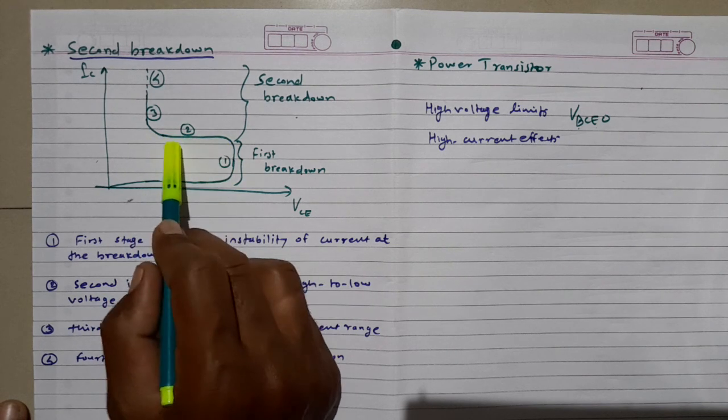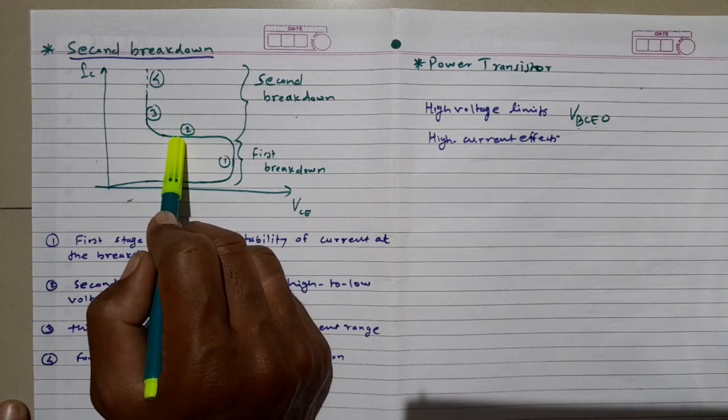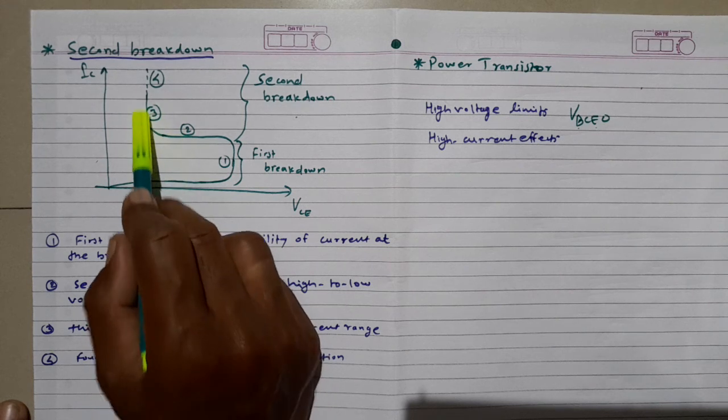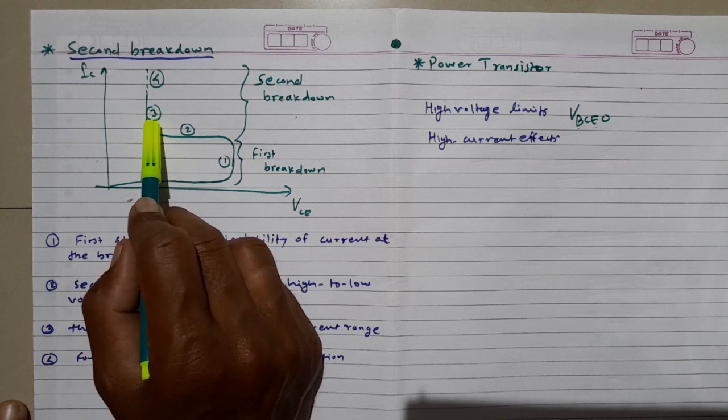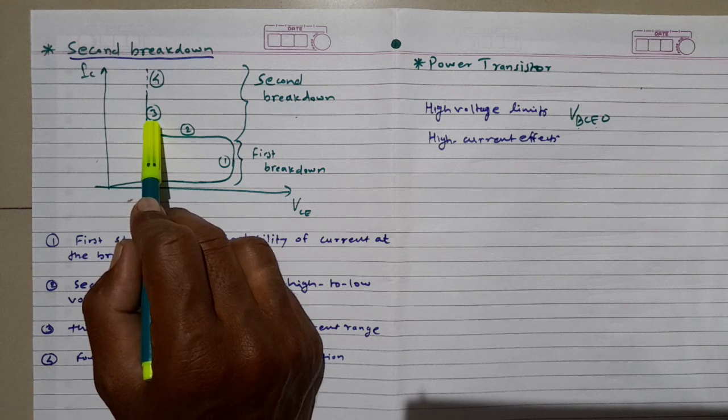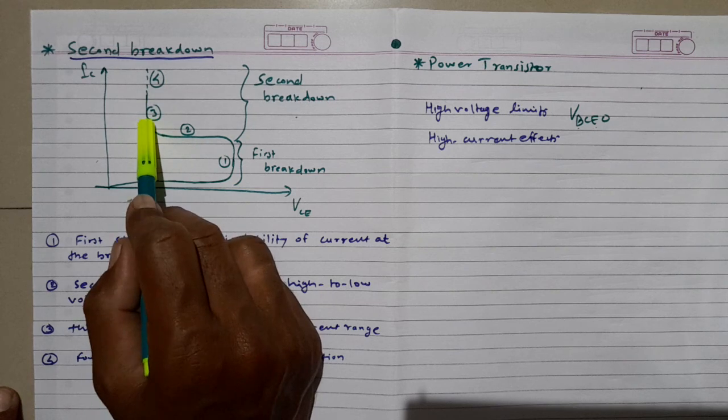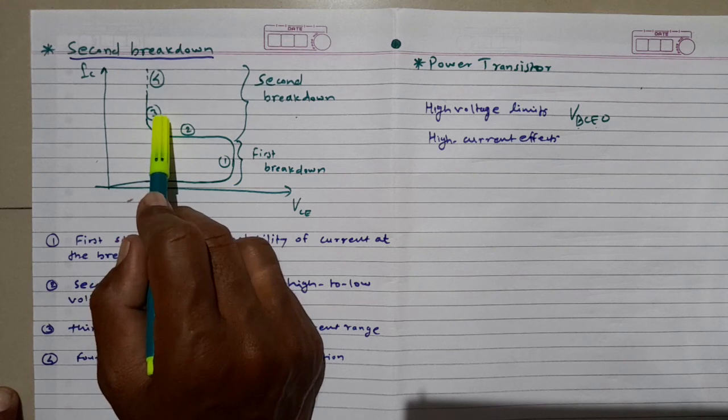In the third stage, the low voltage and high current stage, the semiconductor is at a high temperature because of the high current, and becomes intrinsic in the vicinity of the breakdown spot.